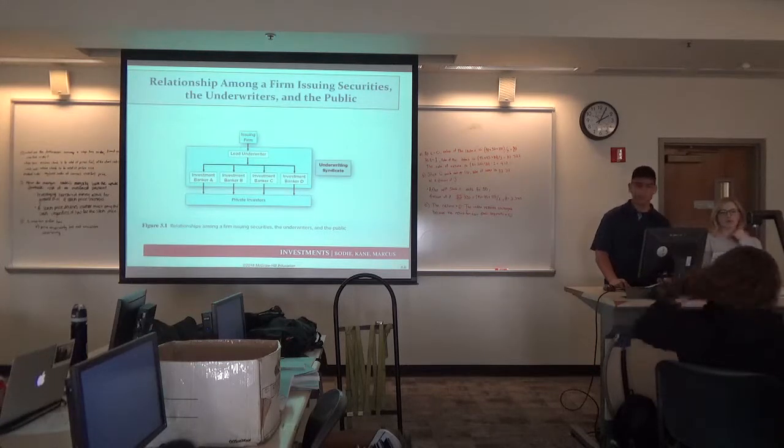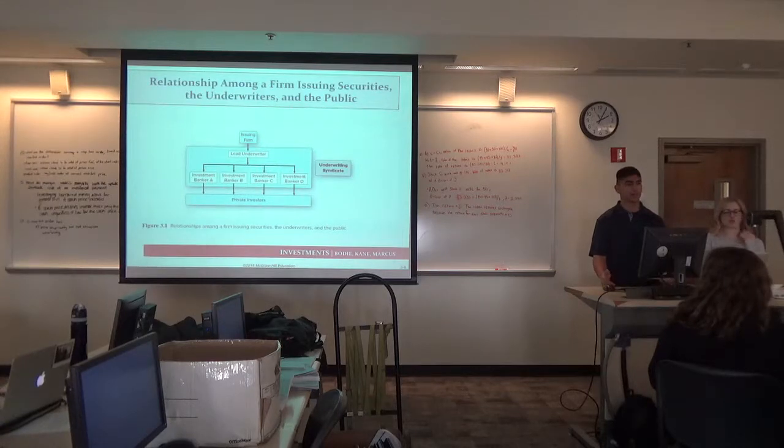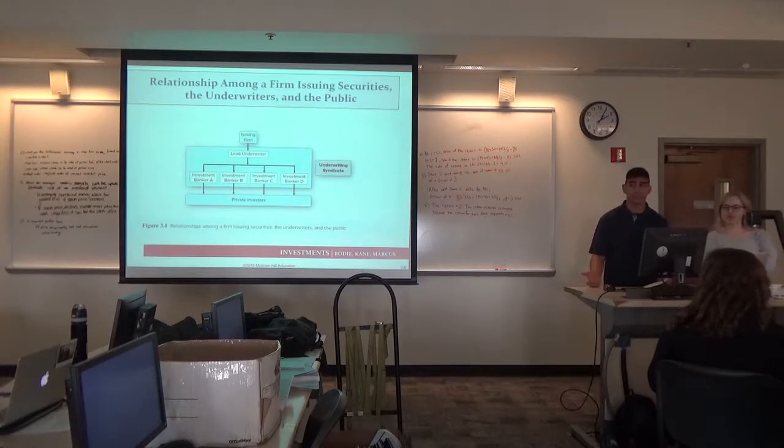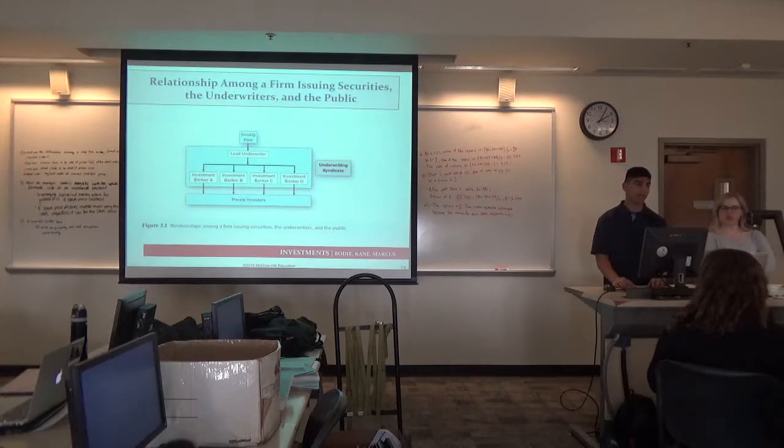Here's a good chart to explain the relationship among a firm issuing securities, underwriters, and the public. Think of it like an organizational chart. At the very top you have the issuing firm, then the lead underwriter, and below them all the different investment bankers. An underwriter is a person or company that underwrites insurance risk. We see this a lot in banks, insurance, and investment houses.